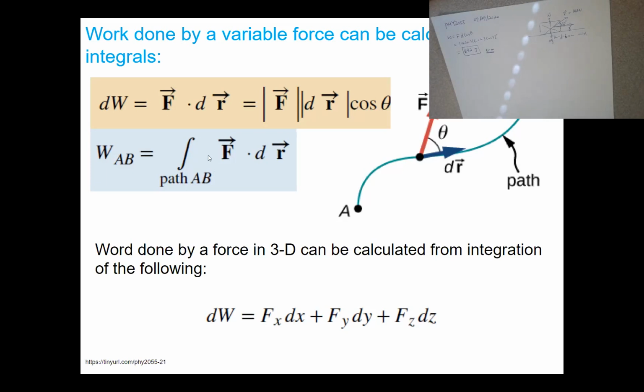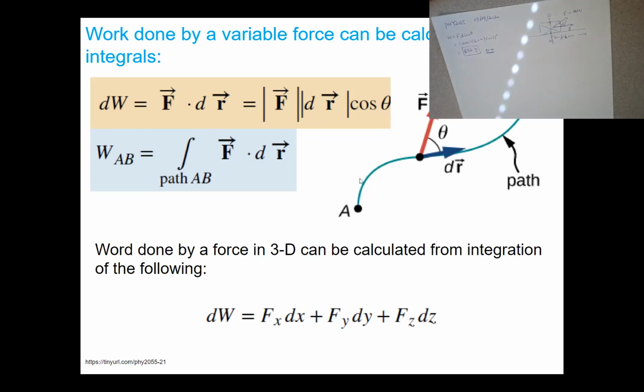So you have to do this with an integral. You write out the differential form of the work: you take a very small displacement dr on the path, do the force times dr, and then integrate along that path.